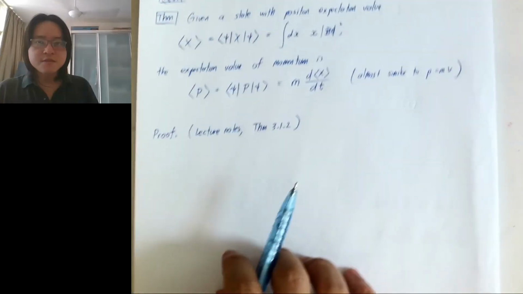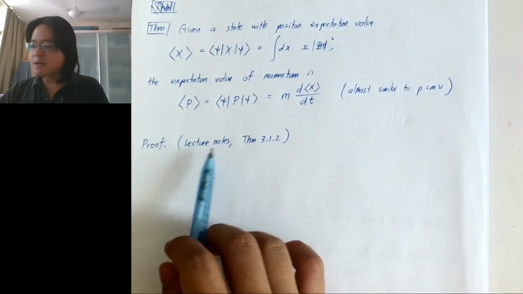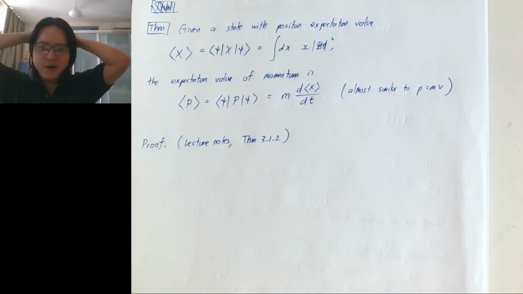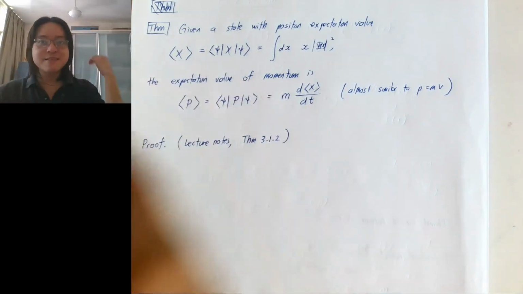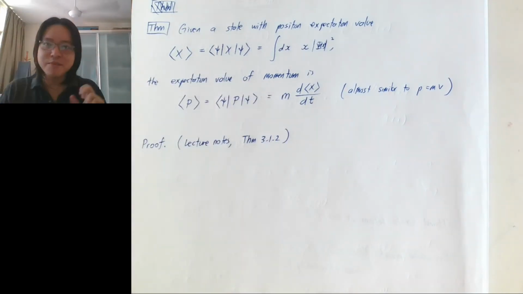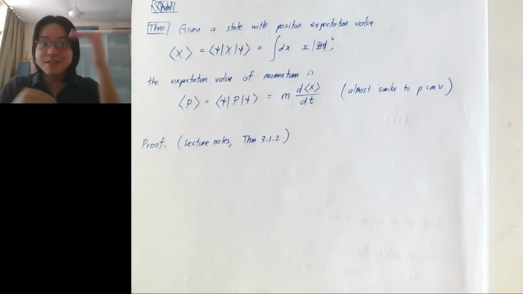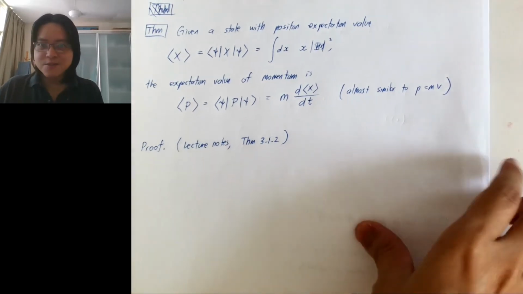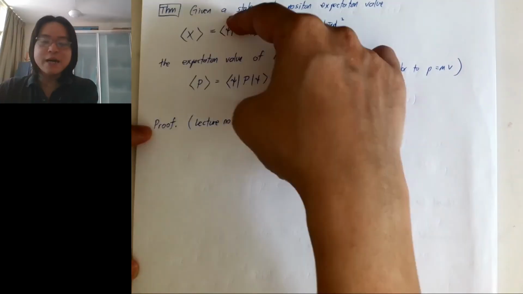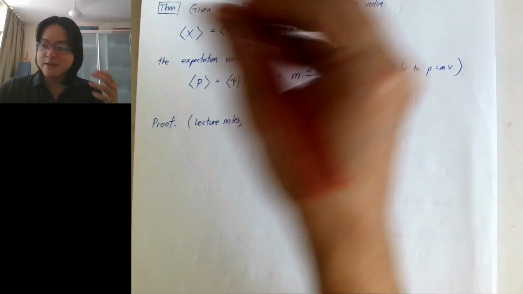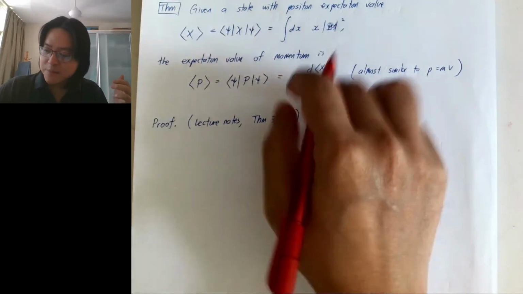The proof is just a messy calculation, and I got the impression that everyone understands the math part, right? The integration part, things like that, even though it's a bit tedious, but at least you understand step by step. Okay, so that is what I got. Is the confusing part the concept, right? So I should spend more time discussing the concept rather than doing the math, step by step.